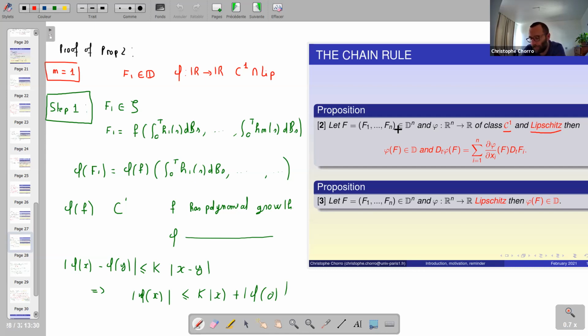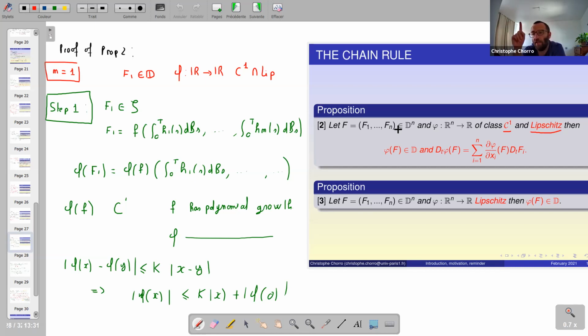Why is this proposition 3 very important in our framework, even if I don't do the proof? Keep in mind where, in the course of stochastic calculus, you have used Lipschitz mappings. You used them in the theorem that ensures the existence and uniqueness of a solution of a stochastic differential equation. The conditions for existence and uniqueness are the Cauchy-Lipschitz conditions, which imply that the coefficients have to be Lipschitz in the second variable.